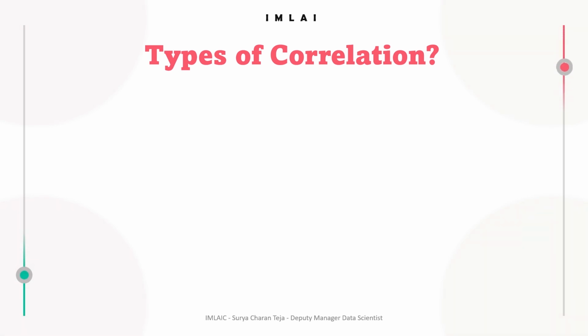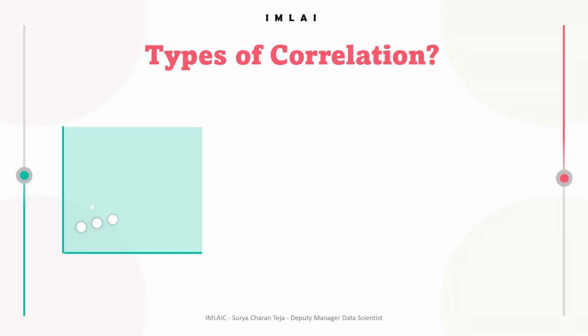Now it's time to explore types of correlation. There are three types of correlations. The first one you can see on the screen. A positive correlation means that this linear relationship is positive and two variables increase or decrease in the same direction.